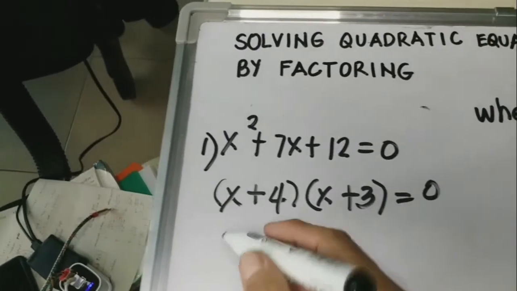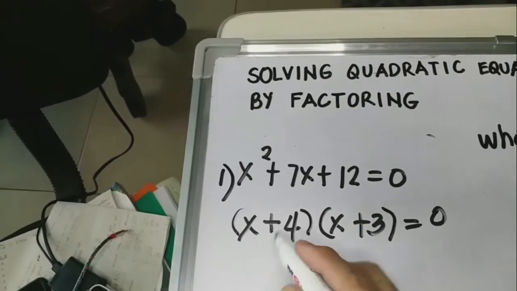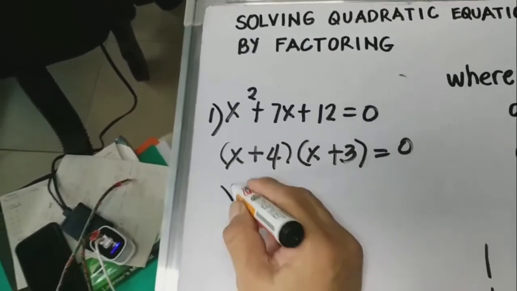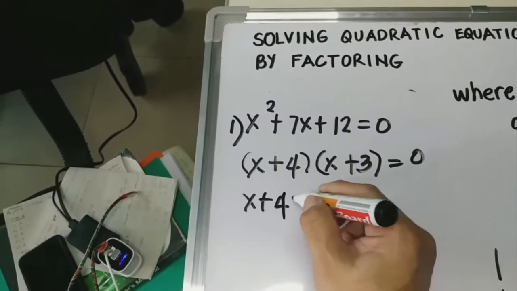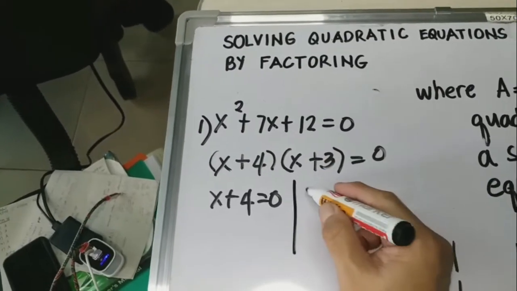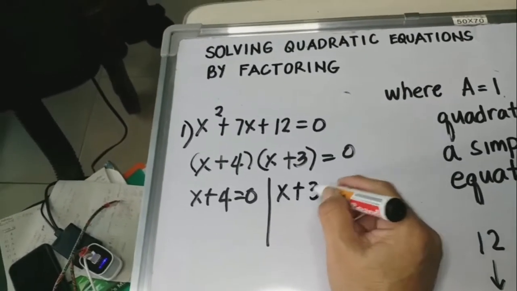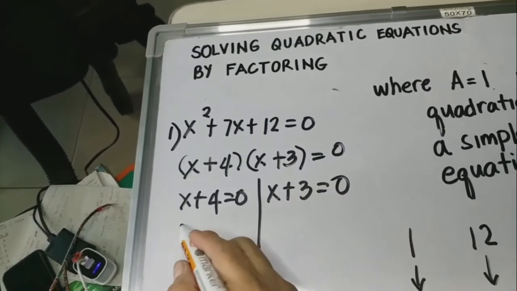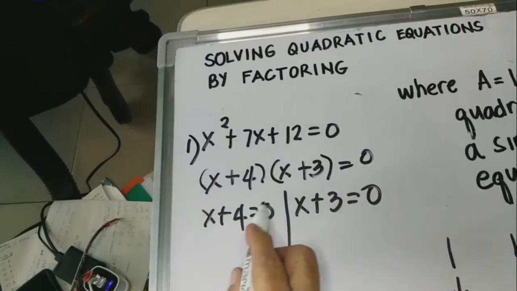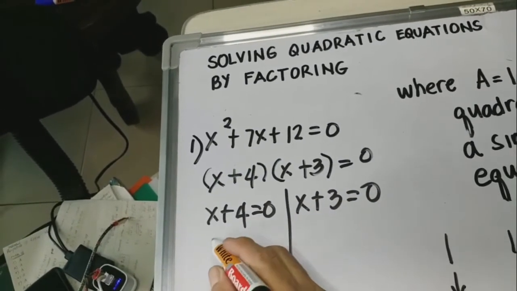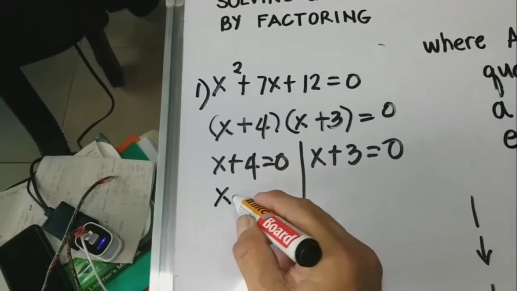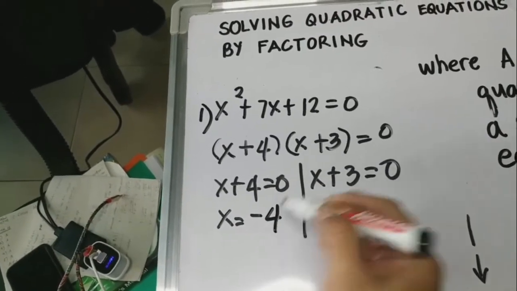So we have, using the zero product property or the zero factor property, x plus 4 equals 0. Then x plus 3 equals 0. Then transferring this to the right side of the equation becomes x equals negative 4.